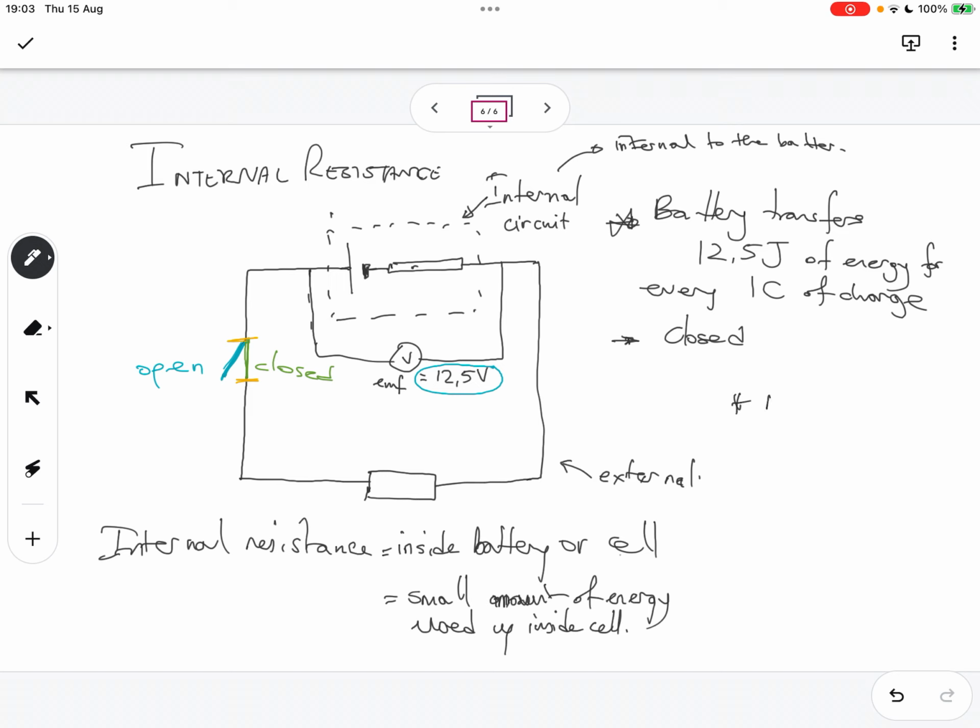If we had an ideal cell, then the internal resistance would be 0 ohms. And the volts used inside the cell are called lost volts.